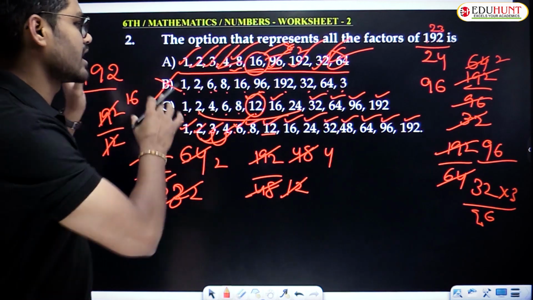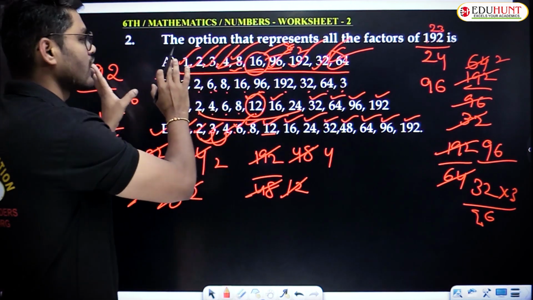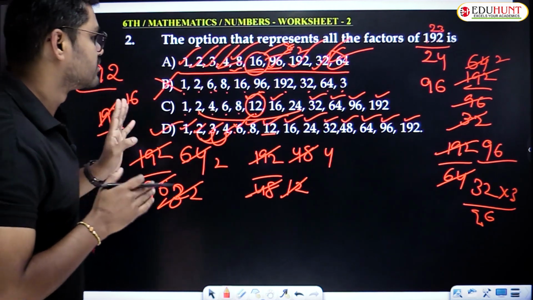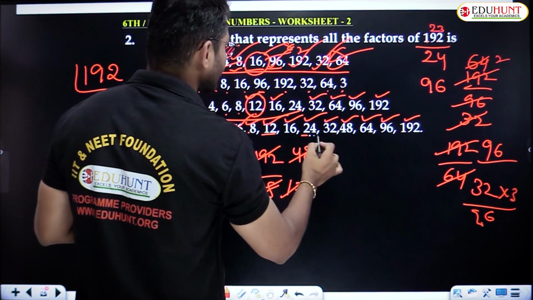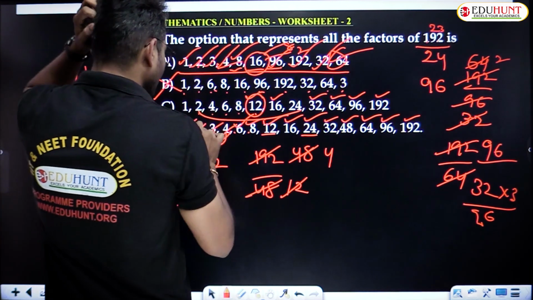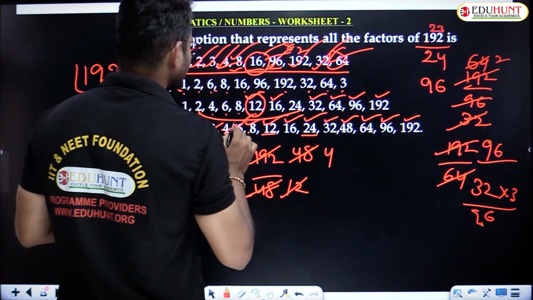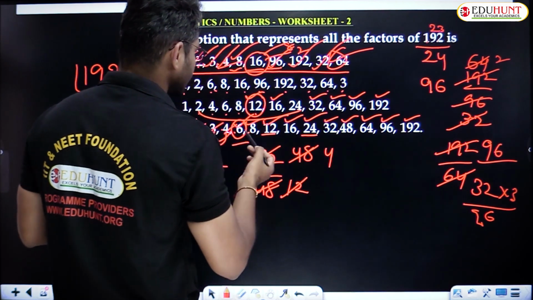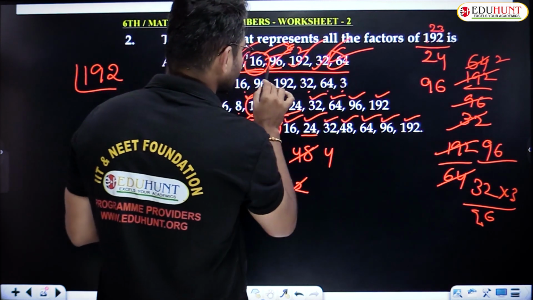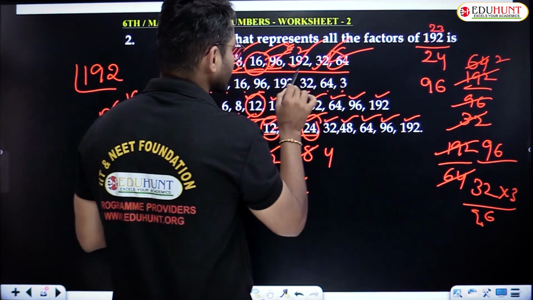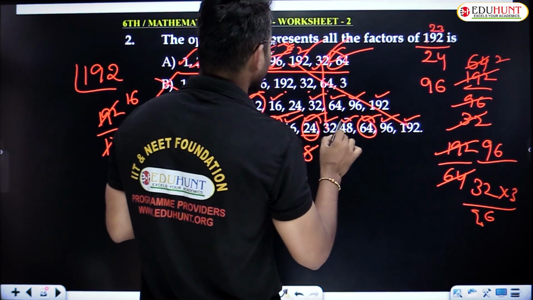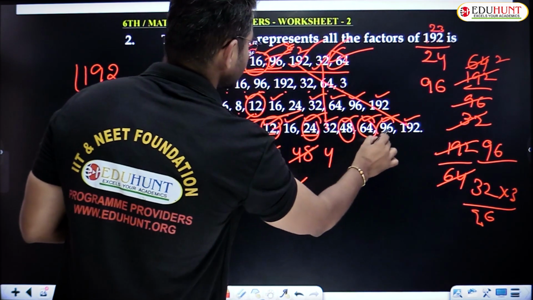In this type of questions we have to check each and every one. In the first option we get all the factors, but there are some factors which we left. Those are here 24. There is no 24 in this one. Like 1, 2, 3, 4, and 6 is missing here, but here we got 6. 8, 12 is missing here, therefore we got 12 here. 16, 24 is missing, yes, 24 we got. 32, 192 and 64. 48 is missing and 96 is there in both.